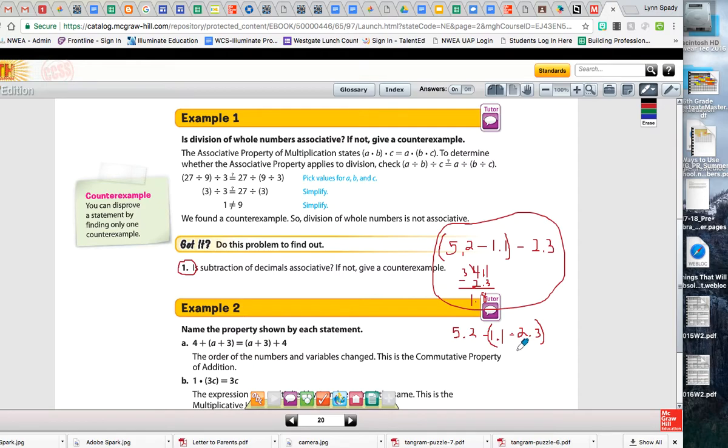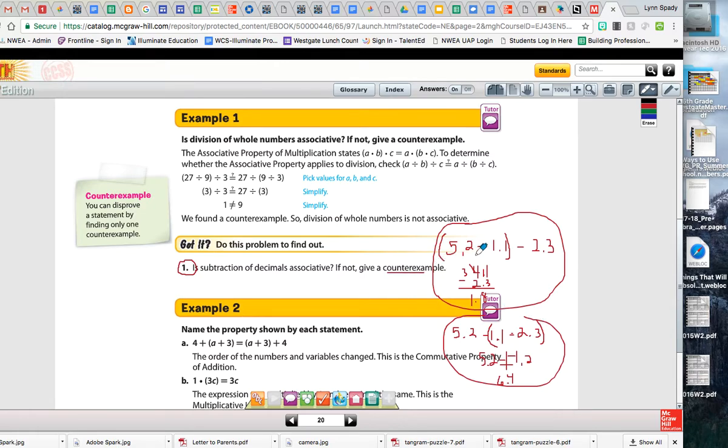So that's actually equal to a negative 1.2. And then when I take 5.2 minus that, the two negatives turn into a positive, and 5.2 plus 1.2 is 6.4. So I get an entirely different answer when I associate different numbers together.